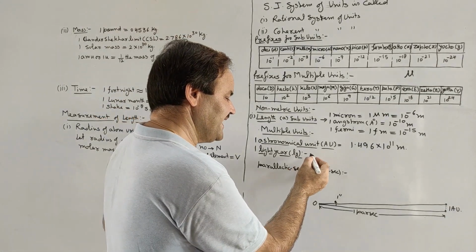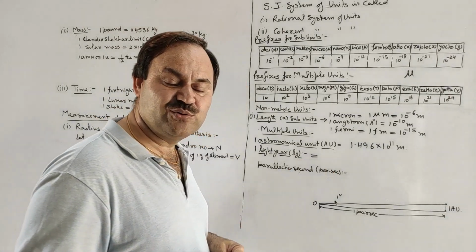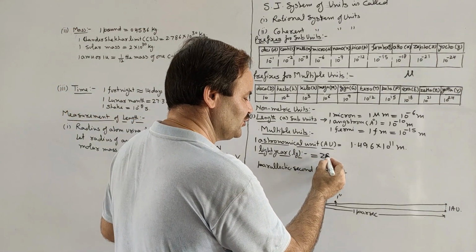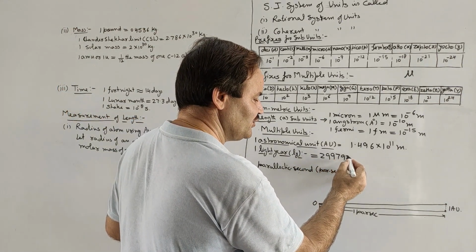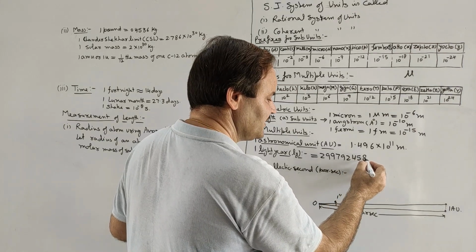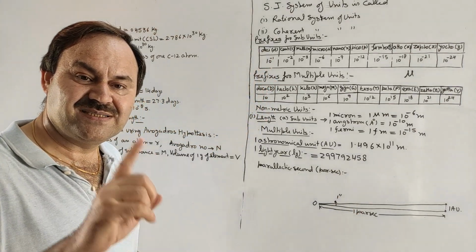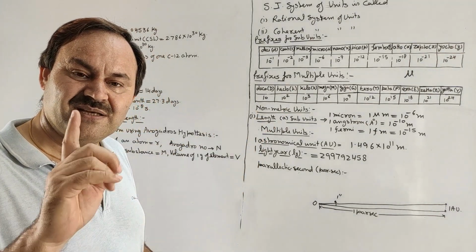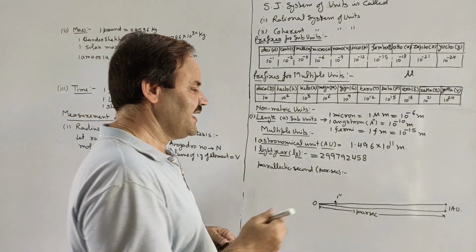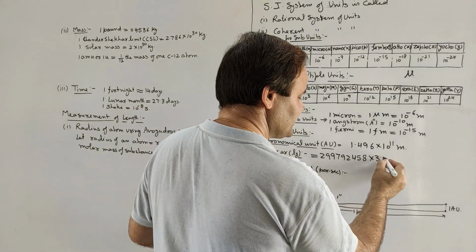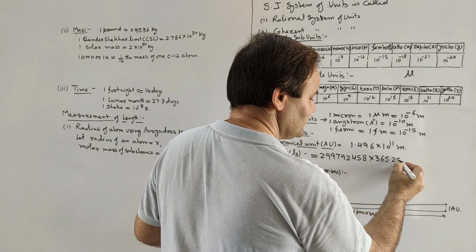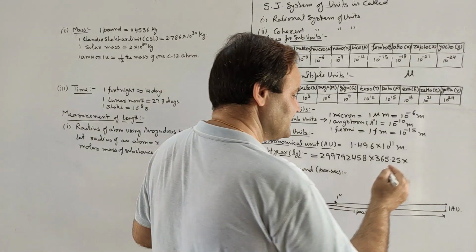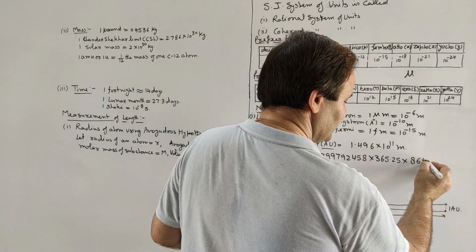We know that distance is equal to speed into time. Speed of light in vacuum is 299,792,458 meter per second, and the time for which light travels is 1 year, and 1 year is 365.25 days, and 1 day contains 86400 seconds.